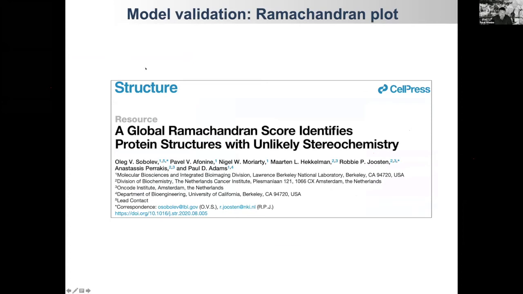So I totally recommend that everybody read this paper on this chart, because it really will give you an idea of how to interpret and how to make sense of various flavors of Rama channel plots. So, very good paper. Check it out.